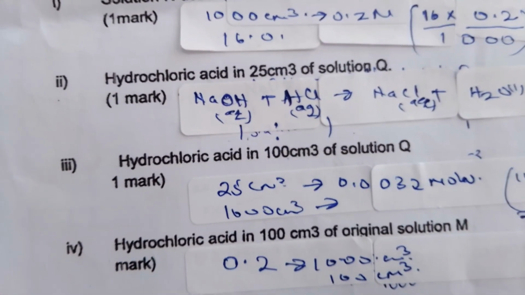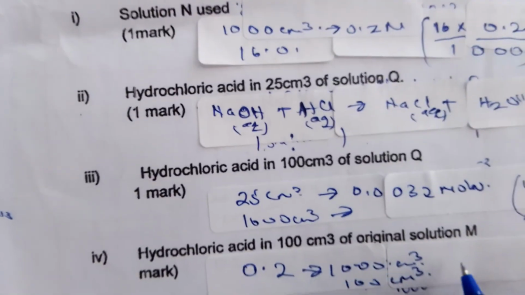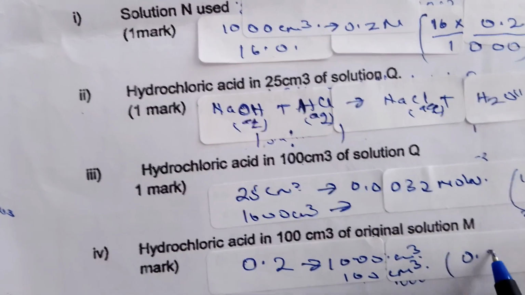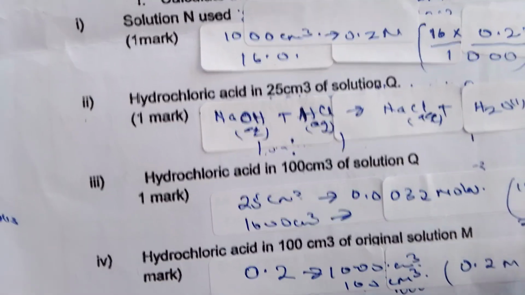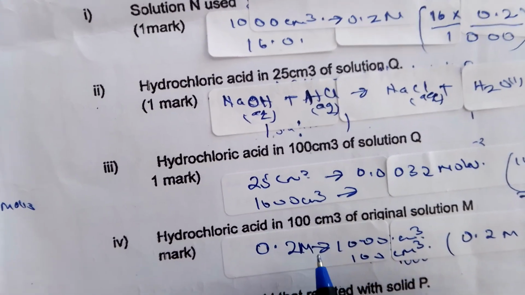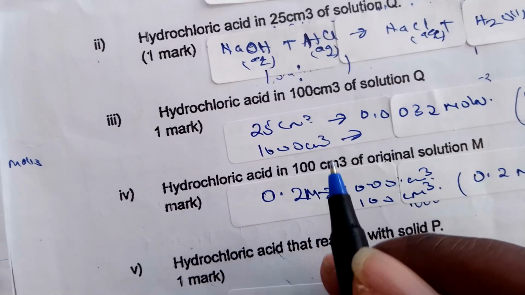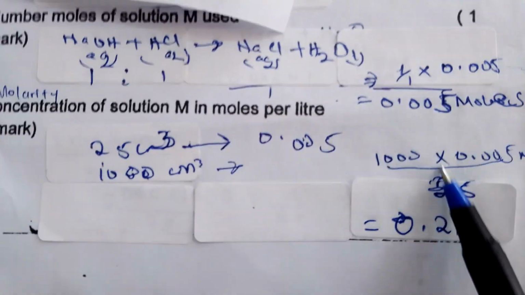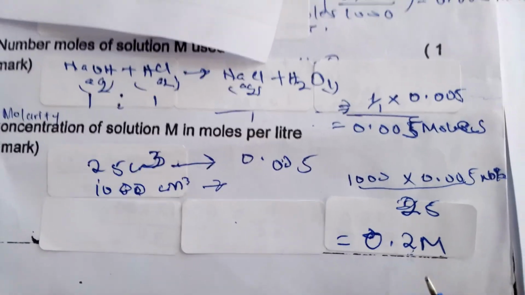Then we take 0.2 molar. Remember 0.2 molar, it was the molarity that we found initially. This one here, 0.2. So it is still the one that we are using here.